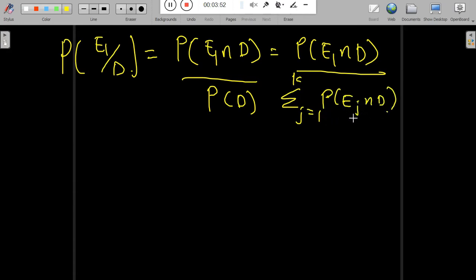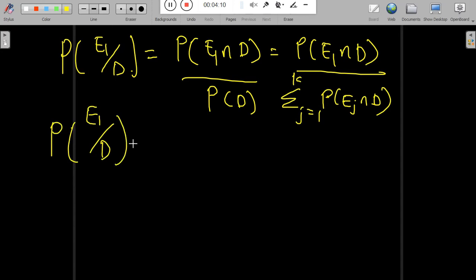So from this narration that we have made, now we can develop the general formula that we apply in Bayes' theorem. This means that the probability of event 1 given D will be equal to the probability of event 1 times the probability of D given E1.